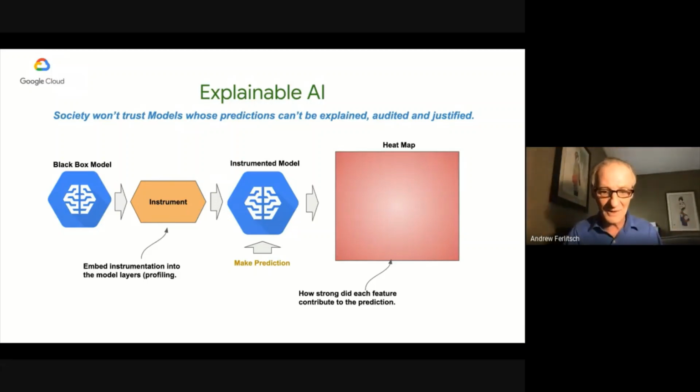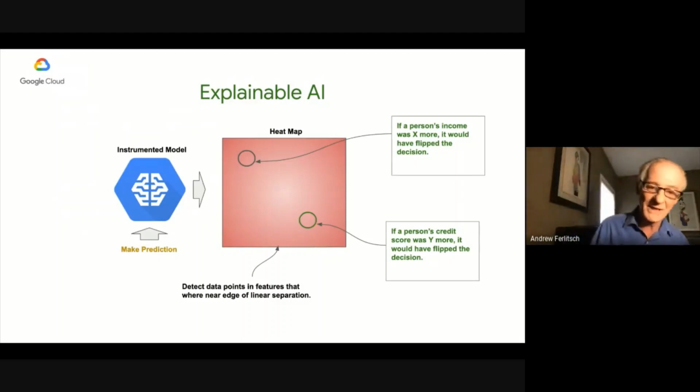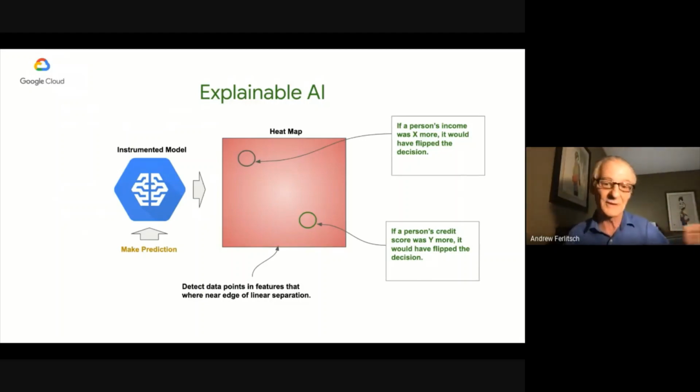Then we make the prediction from our instrumented model, and it generates something like a heat map telling us how each feature contributed to the prediction, which ones were important in saying yes, or in the result saying no. Having identified that, we can look at those individual features and see how much they would have had to change to change the result. Again, in the loan example, how much your credit score would have had to change, or how much you would have had to pay off your credit card balance.